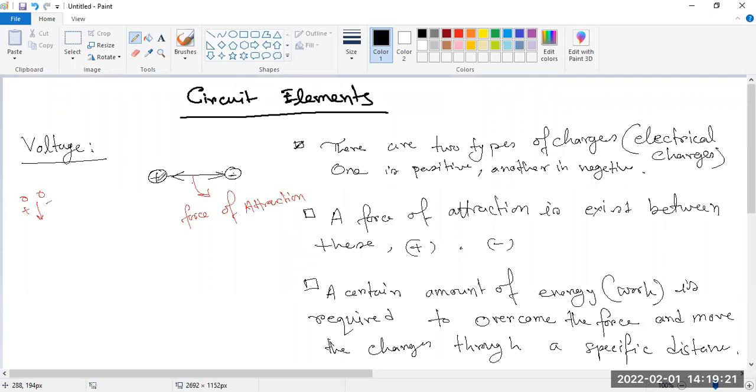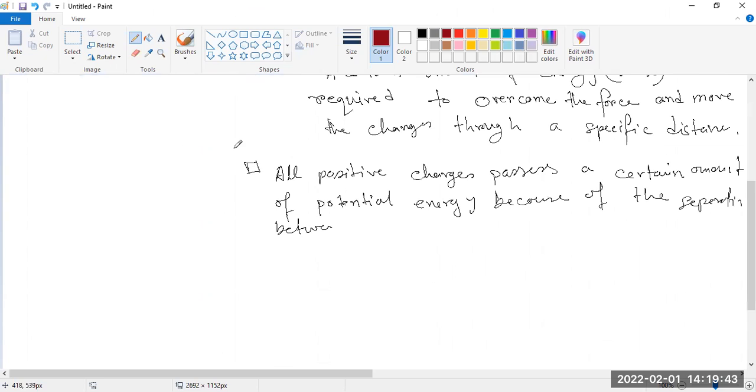So if I want to move this positive charge from this place to this place, then I have to apply some force or apply some energy to overcome this force of attraction. This is the basic concept. Then we will go for what is volt.